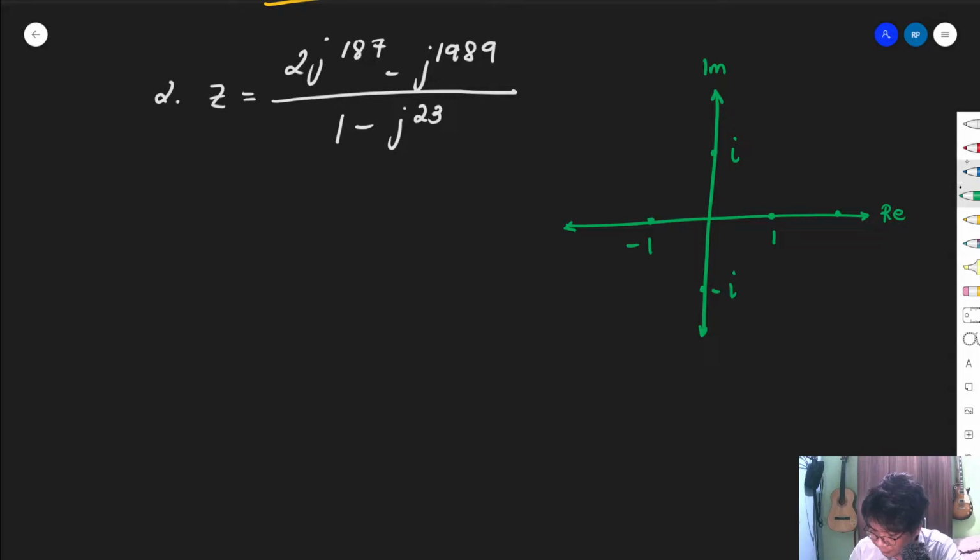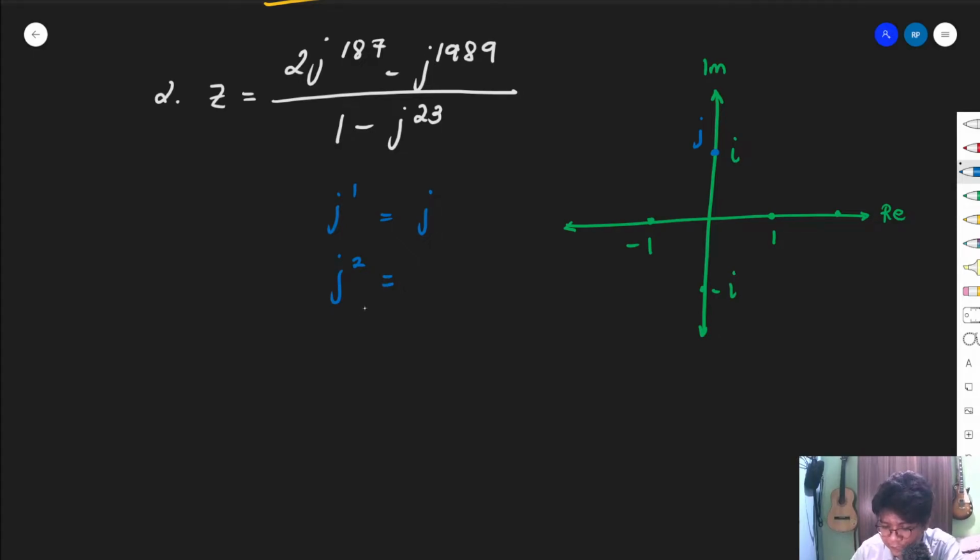Okay? So, let's say if the power of j is 1, j raised to 1, of course this is equivalent to j itself, or i. So, ito yung j natin. Next, we have j squared. So, ano ba yung value ng j squared?